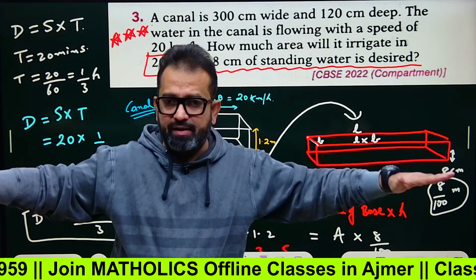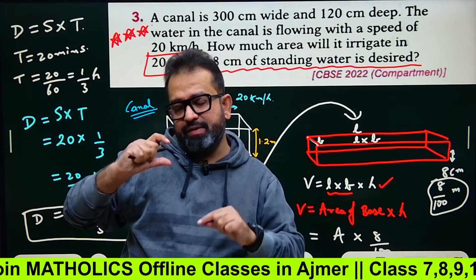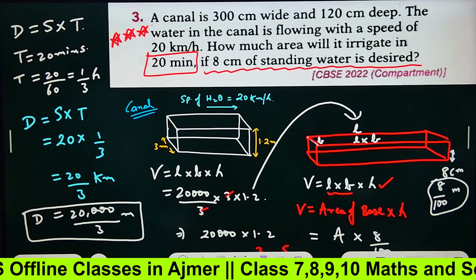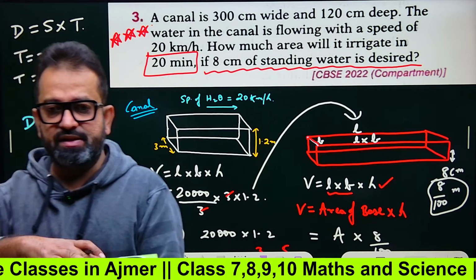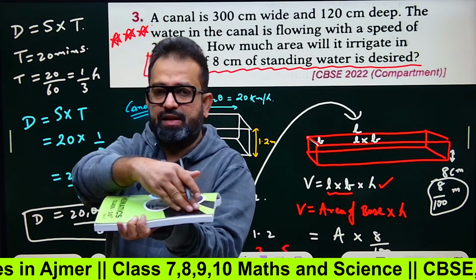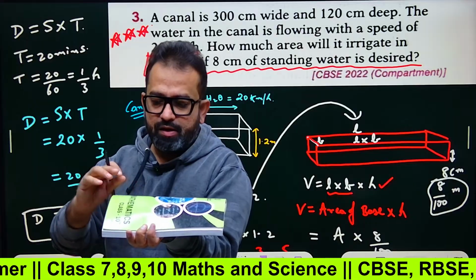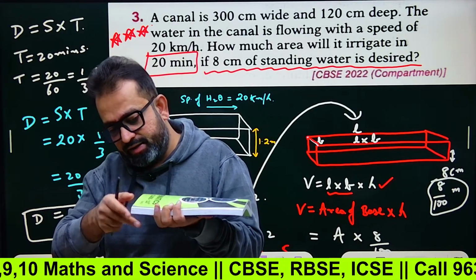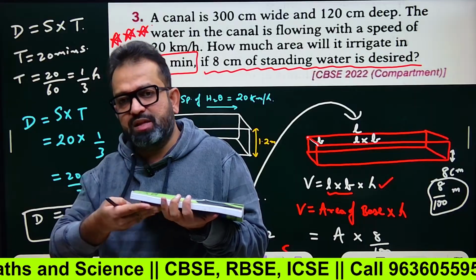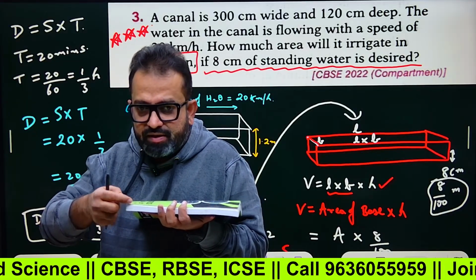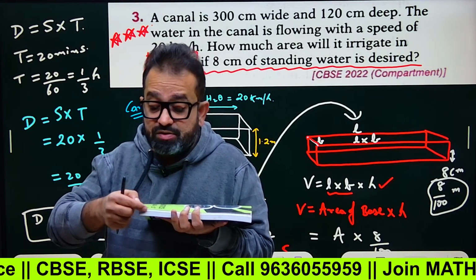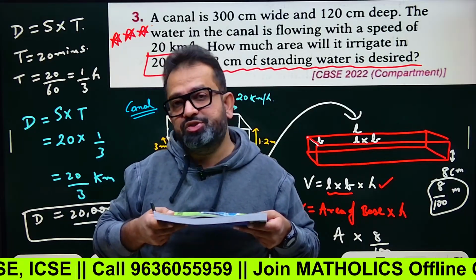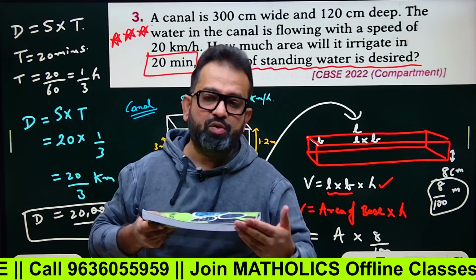If this is a land and this standing water is required, what kind of figure is it going to form? See, this book is the land, this is length, this is breadth, and 8 centimeter of standing water is required. The base of this book is the land, and the thickness of this book is standing water. That means it will form the shape of a cuboid.